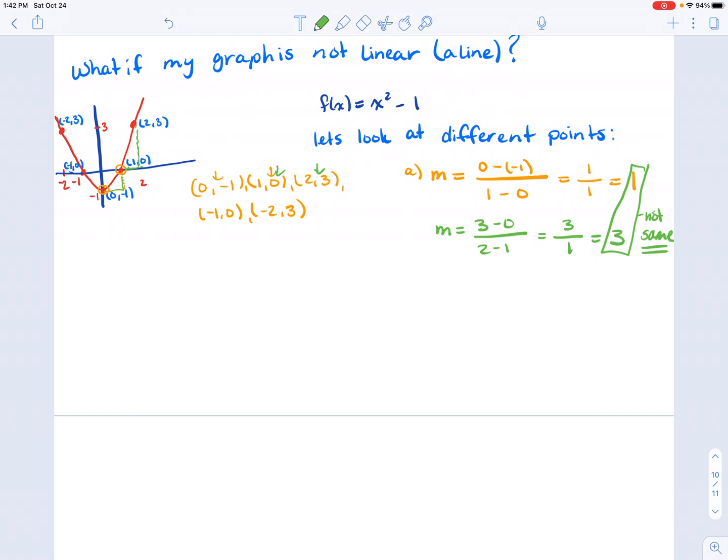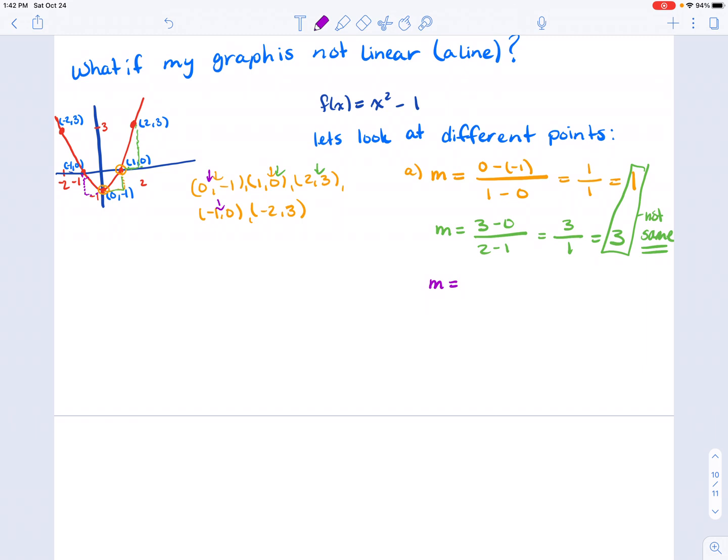What happens on the other side though? So what happens if I look at this side of the graph? Let's look at this point, (0, -1), and then I'll look at (-1, 0) and that point. So let's see what happens there.